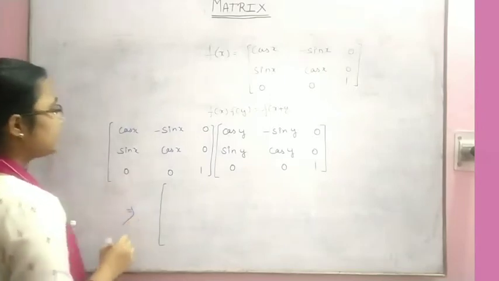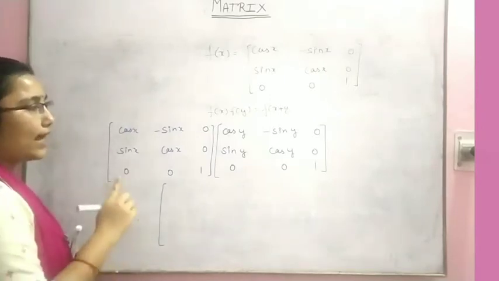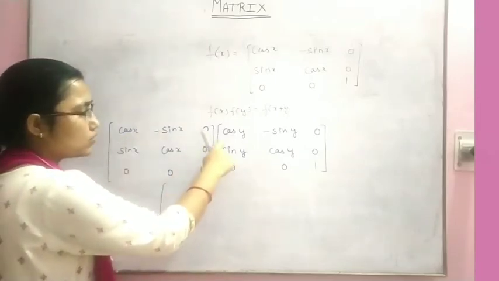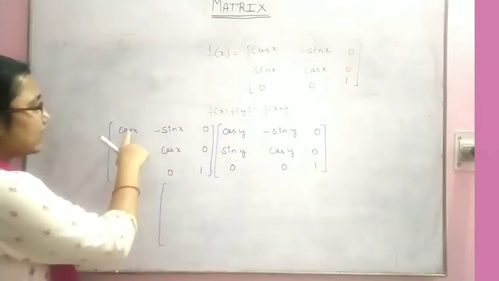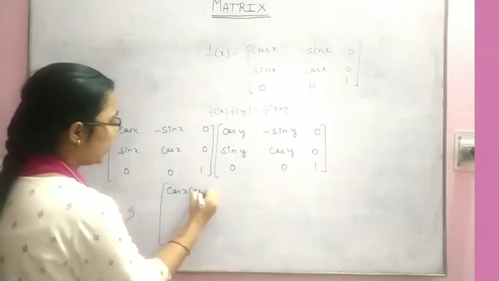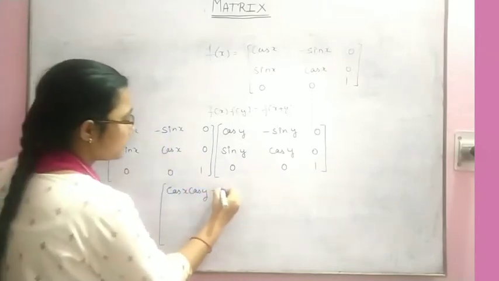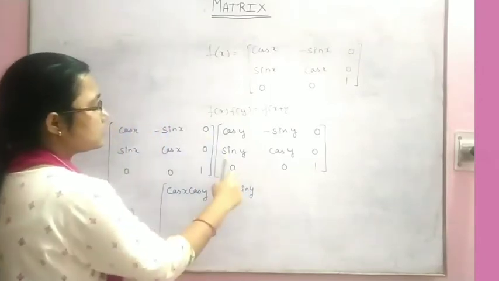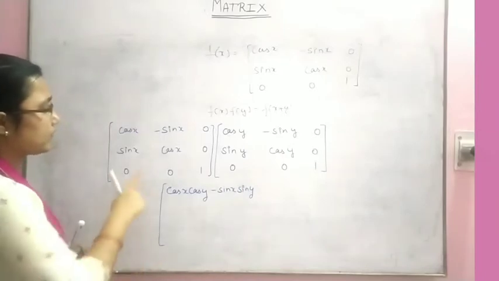By multiplying, firstly select the first row and one by one the respective columns. So firstly select first row and first column. What we will get? Cos x cos y minus sin x sin y, and 0 into 0 is 0.